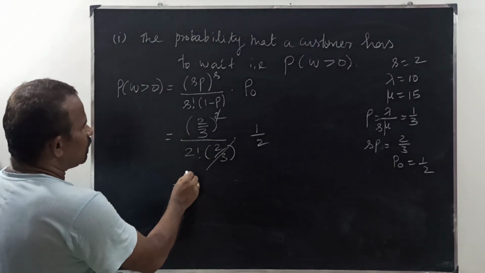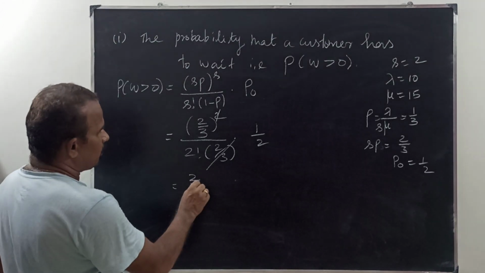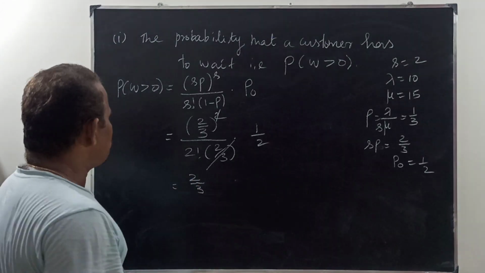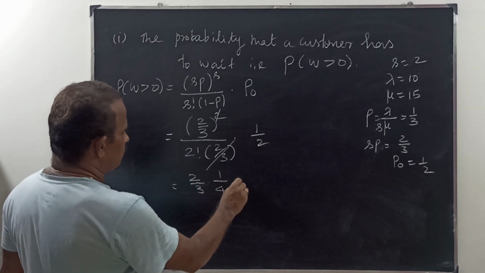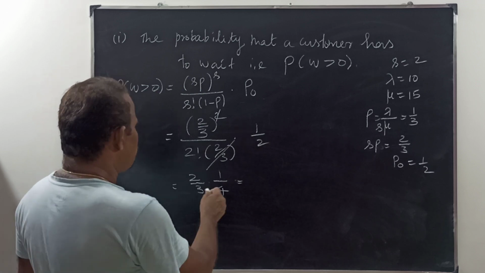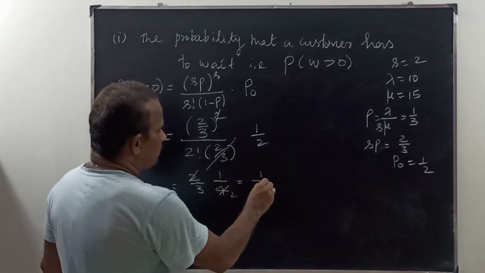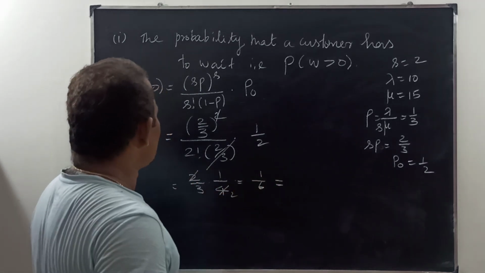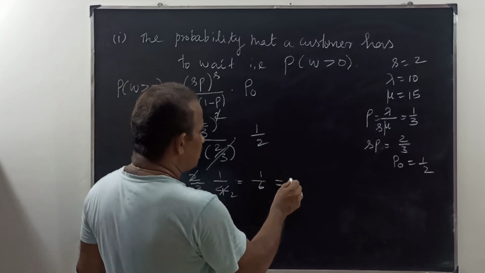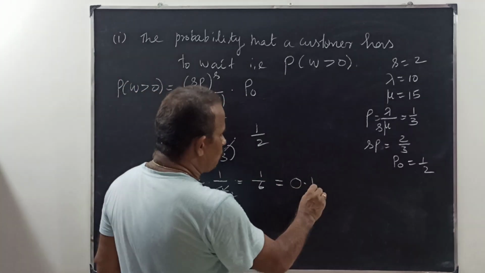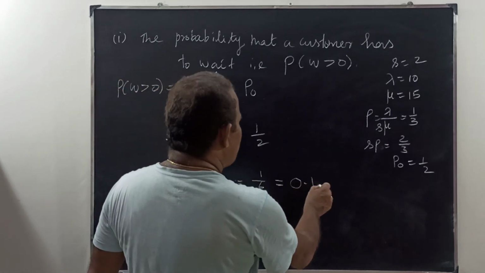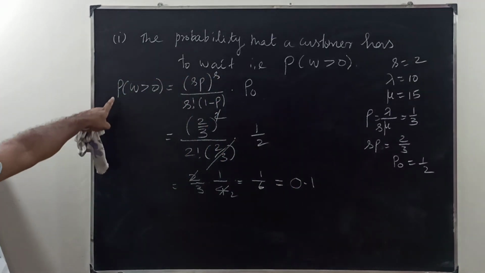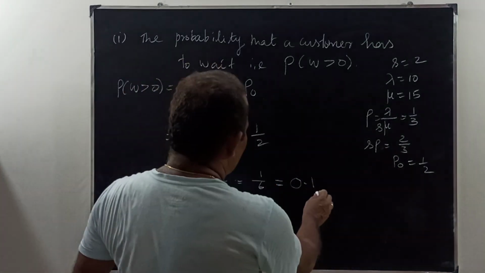Therefore 2 divided by 3 into 1 by 4, so this is equal to 1 by 6, which is approximately 0.1. So probability of W greater than 0 is equal to 0.1.